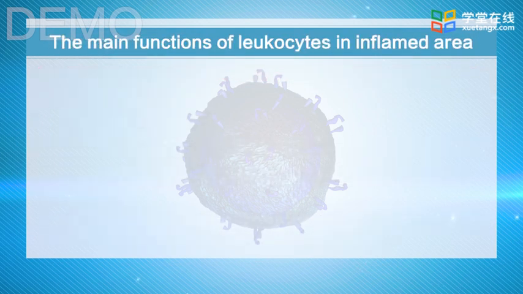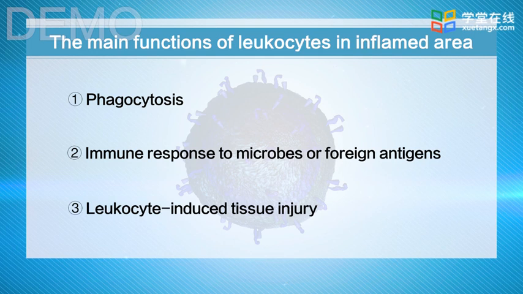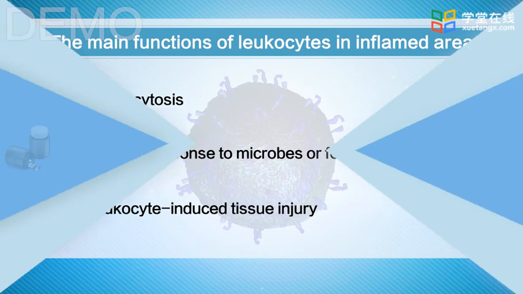Generally speaking, the main functions of leukocytes in inflamed area involve phagocytosis, immune response to microbial or foreign antigens, and leukocyte-induced tissue injury. Let me introduce them one by one.